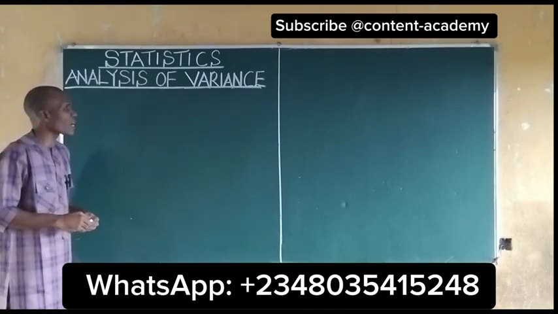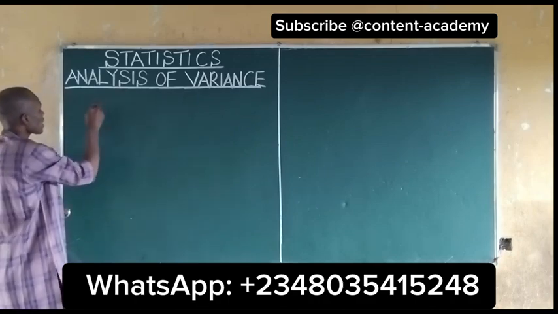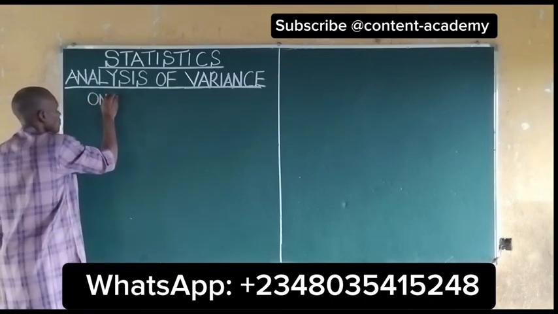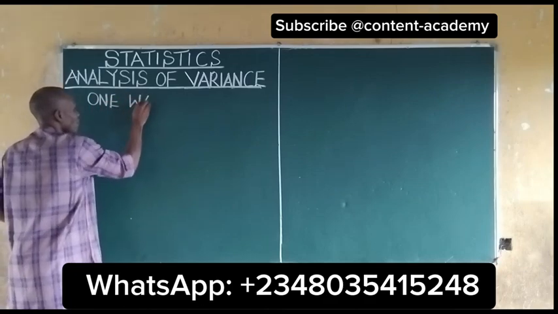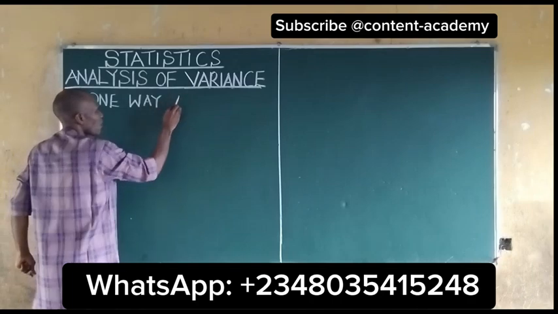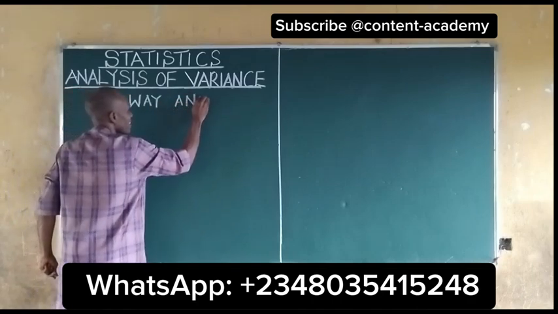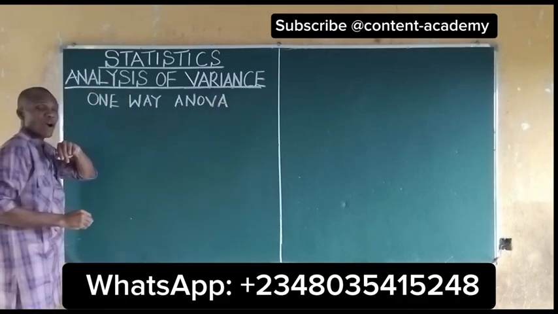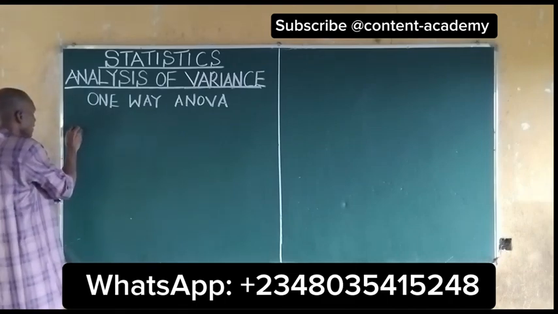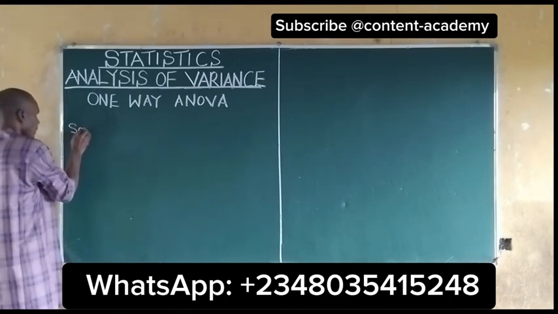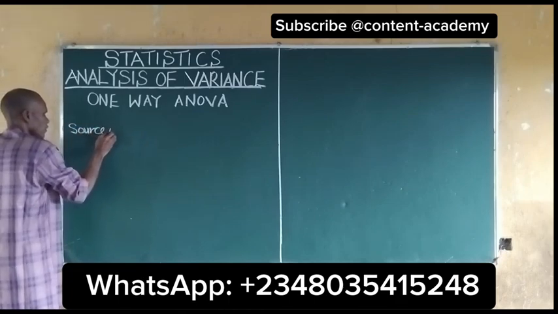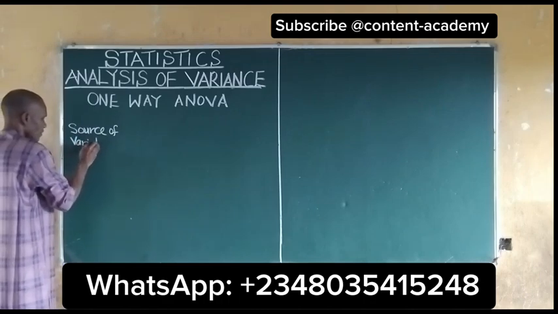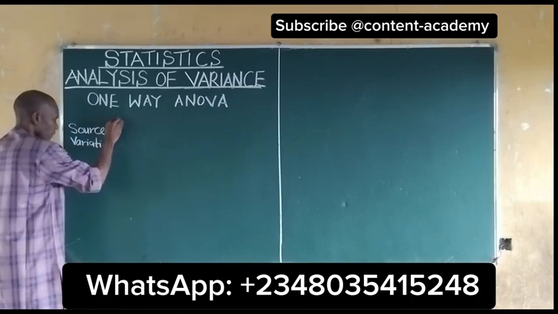So we'll be talking about the one-way ANOVA table. To write the one-way ANOVA table, the first thing we write is the source of variation.